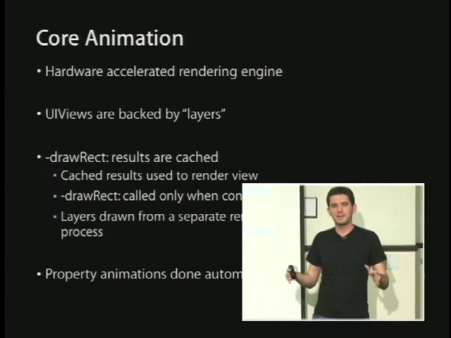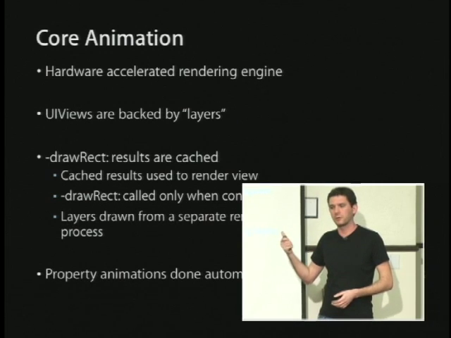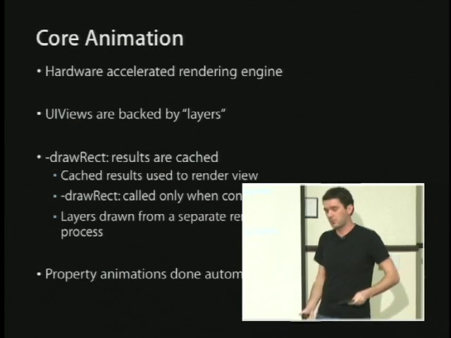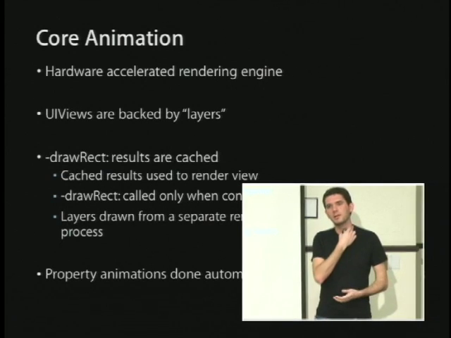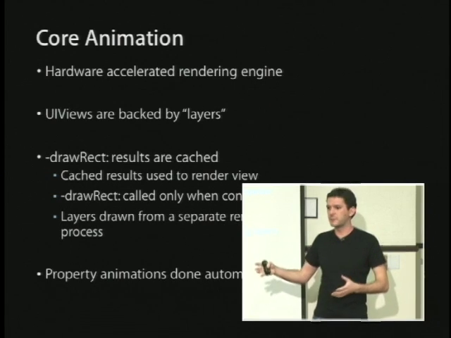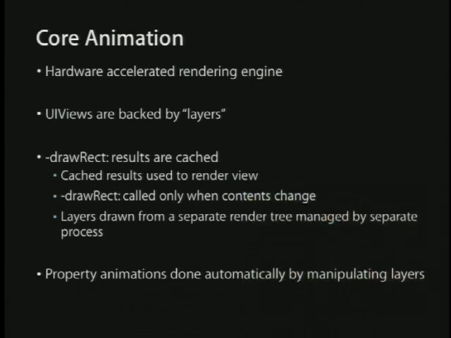All of this is built on top of another framework called Core Animation, which is what drives all of these animations. It's basically an accelerated rendering engine. On the new iPhones, it's actually all done using OpenGL at the low levels, although for the purposes of using it, you don't have to know anything about OpenGL. It animates all of these different layers in an accelerated fashion using the OpenGL graphics renderer.